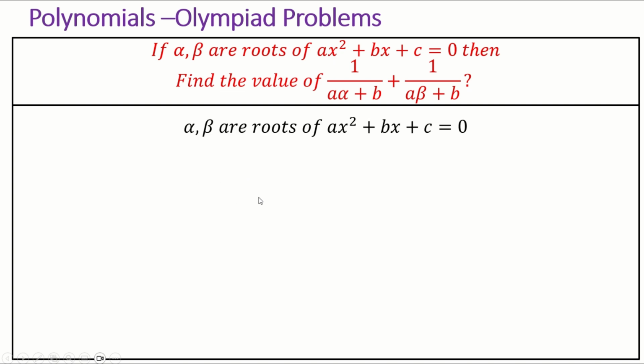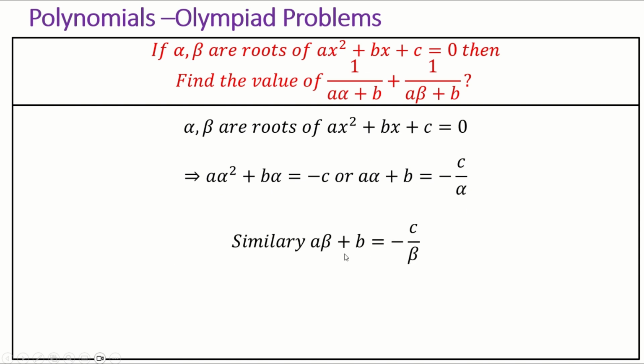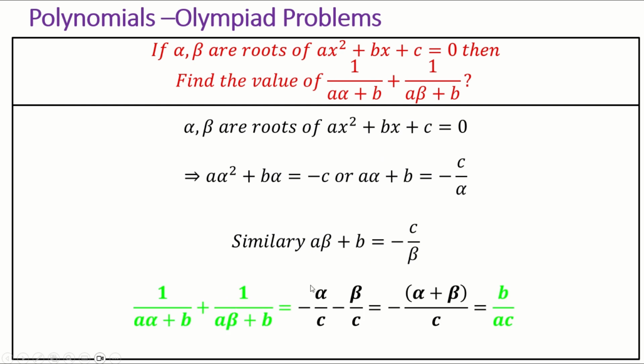If we just follow that hint, alpha and beta are roots of this equation. So first you substitute alpha, you will get a alpha square plus b alpha equal to minus c, or alpha times (a alpha plus b) equal to minus c, so a alpha plus b equal to minus c by alpha. Similarly, a beta plus b equal to minus c by beta. Now you just need to take 1 by these values and sum up, so you get the reciprocals of these two values and sum up.